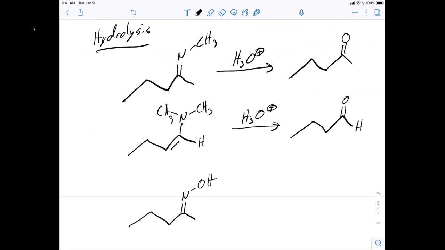Same thing with oxime, right? All of these can go backwards to the ketone. Okay, questions about these?